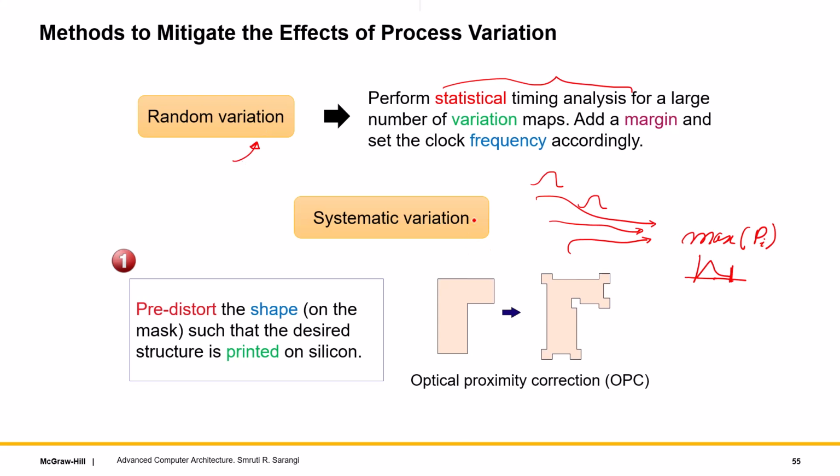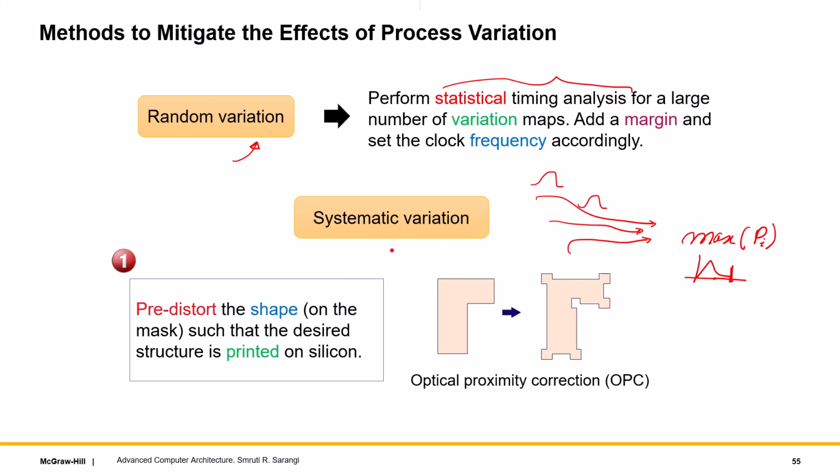And for systematic variation, as I said, a lot of simulation is required. Now the key point is that I have combined systematic and random variation, I have some idea of the distribution of the worst case delay, and I have chosen a frequency. All of that is very good.